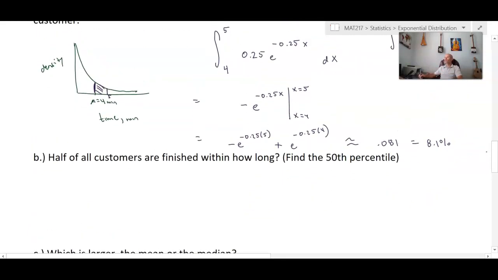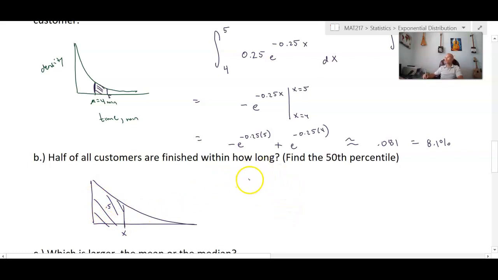Half of all customers are finished within how long? Okay, so what we're really asking for is the 50th percentile. So we're looking for what value of x, right here, is such that the area to the left will be 50%.